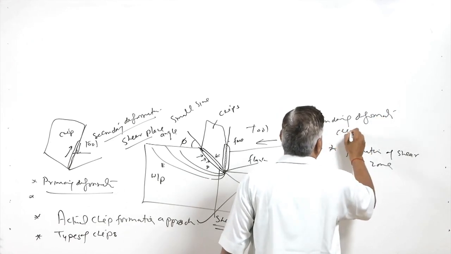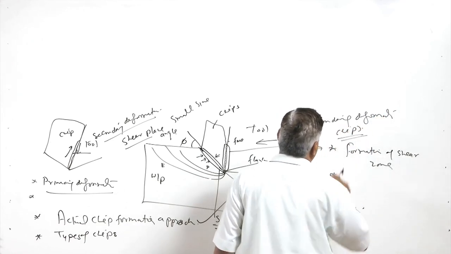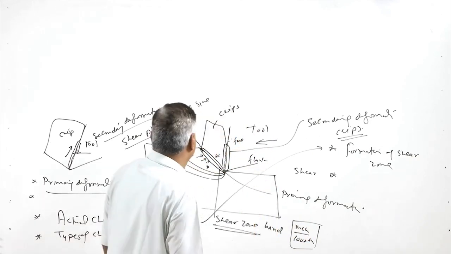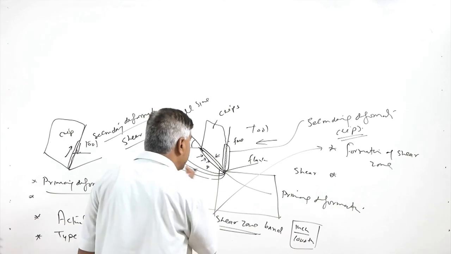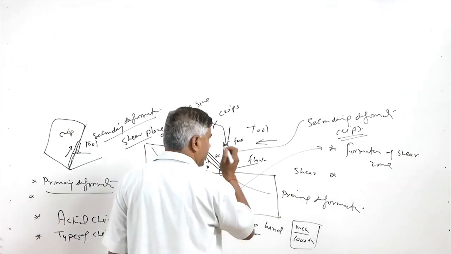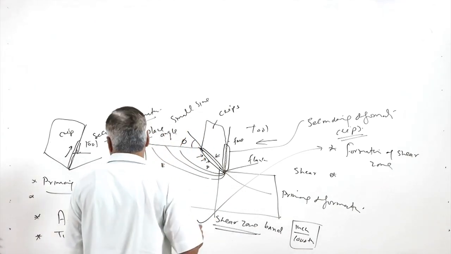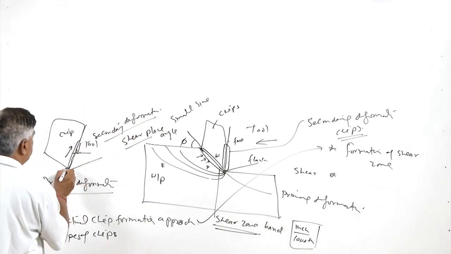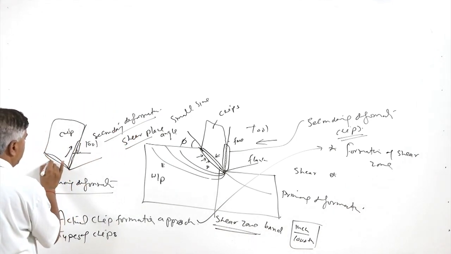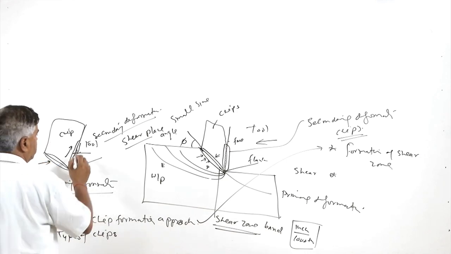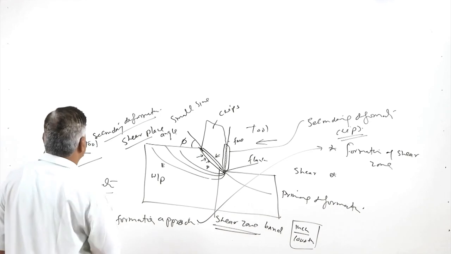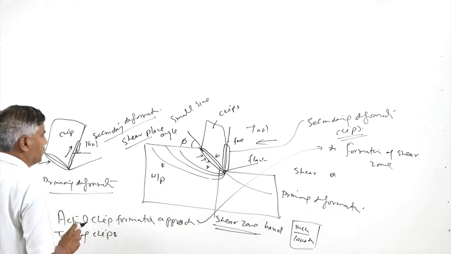In this case, the chip which is in contact with the tool rake face, sliding under the pressure, gets deformed. So, basically there are two zones: this one where the shearing takes place is the primary deformation zone, and this is the other, the secondary deformation zone.